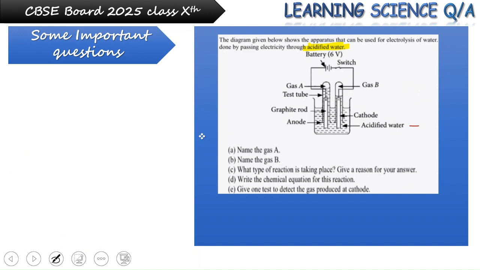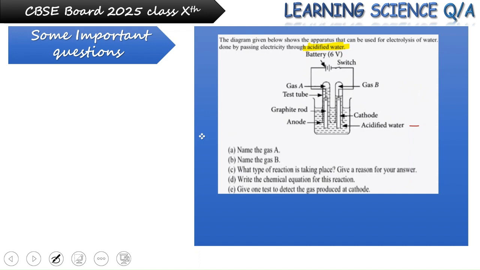We never use distilled water as an electrolytic solution because it doesn't have any salt dissolved in it, so distilled water is not a good conductor. Whenever we want to use water as an electrolyte, we make it more conducting by adding some salt, and that can be easily done by adding acid to it.